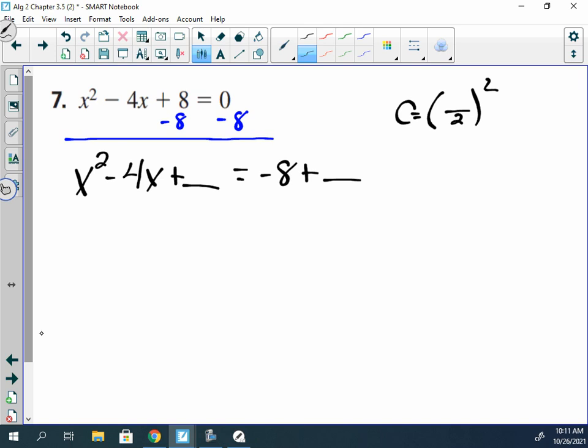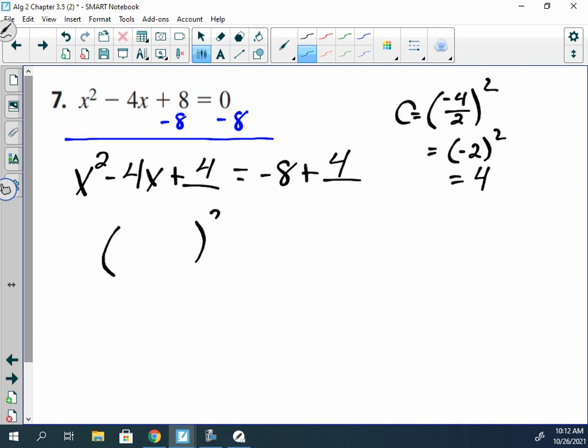So we moved the 8 over. Now we need to find the value of c. Now c is equal to b over 2 squared, and the value of b is? Well, negative 4 divided by 2 is negative 2, and negative 2 squared is 4. So here we would have 4, here we would have 4, yes?